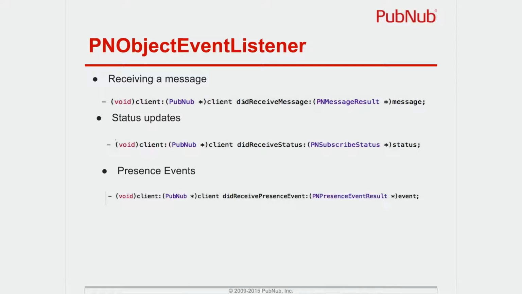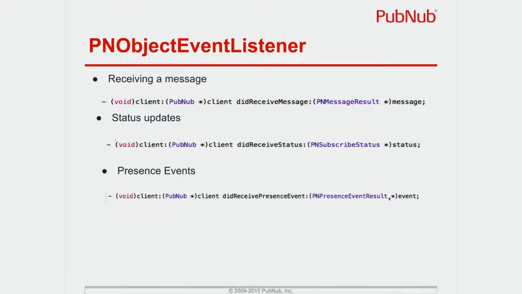So there's 3 methods. didReceive message, that's going to happen when you receive a message on a channel. didReceive status, that's going to happen when significant events occur, such as connecting or reconnecting to PubNub. And then there's presence events, which we'll cover a little bit later down the road, but it's didReceive presence event, and again, it's a PNPresenceEventResult.